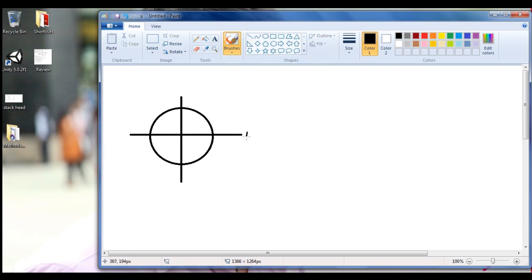So this is our x and this is y, and here you have the value 0, 0 at this place, and here the x value will be 1, and here the y value will be 1. Here the x value will be -1 and here the y value will be -1. That is the reason it is known as a unit circle.